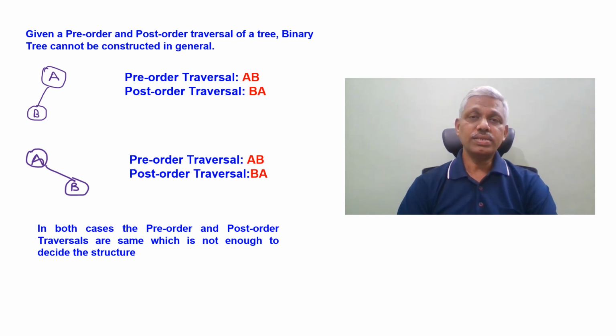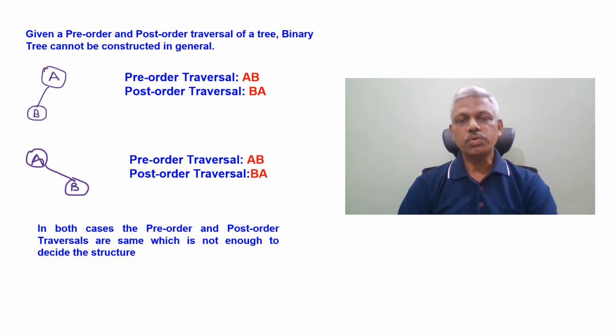Now, if B is the right child of A, the pre-order and post-order traversals are the same, AB and BA. So just by looking at the pre-order and post-order traversals, we cannot judge whether B is the left child or right child of A. This ambiguity remains, and in general we cannot reconstruct the binary tree.